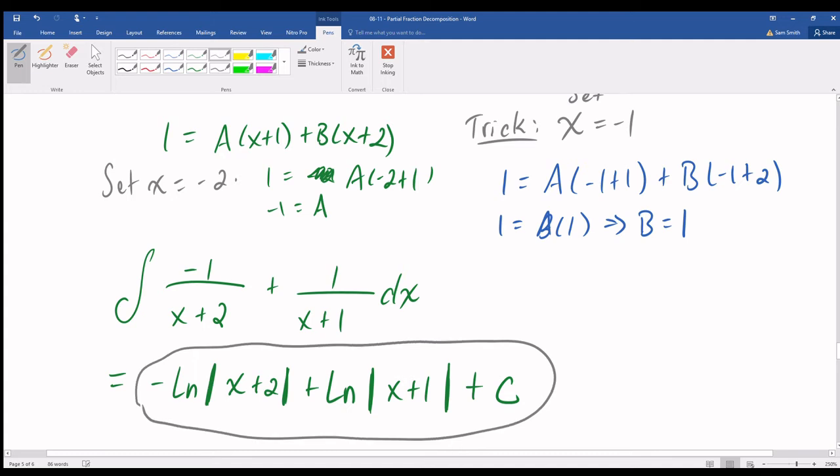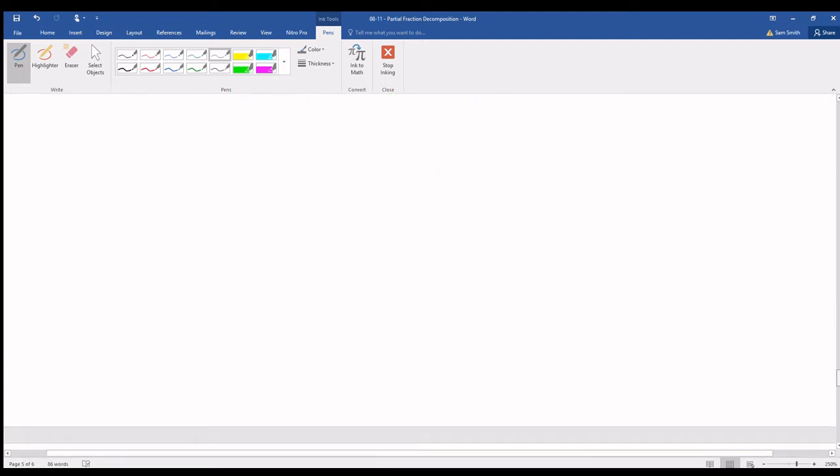So this is the upshot of partial fraction decomposition. It allows you to split apart a complicated rational expression into a sum of simpler rational expressions so that you can take their antiderivatives one by one.